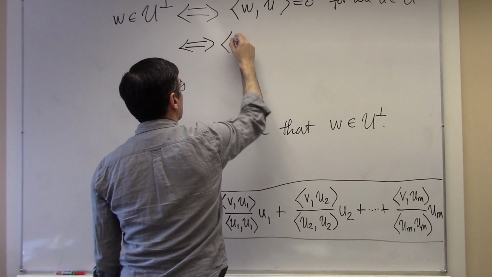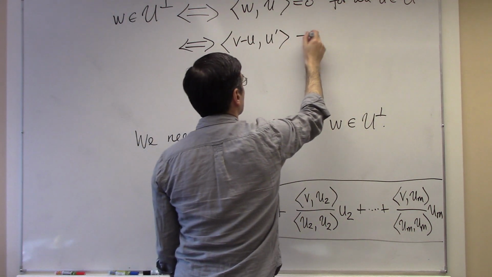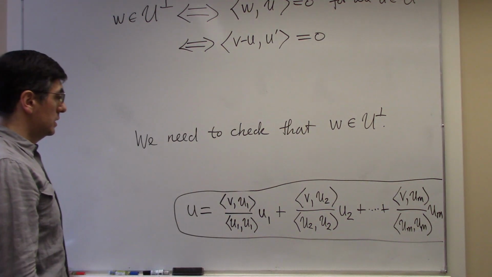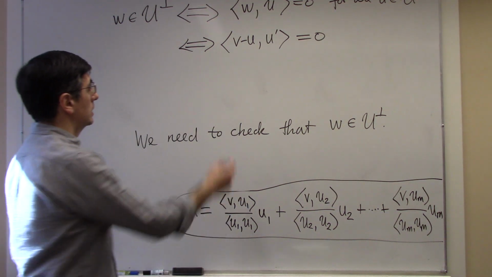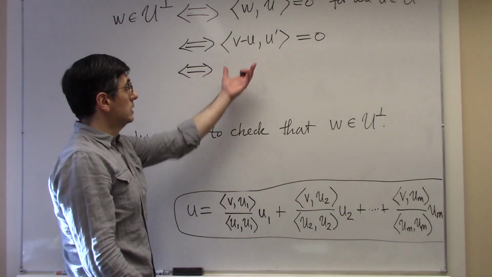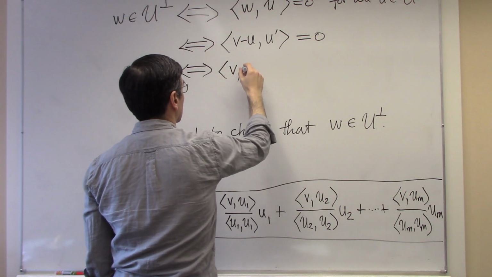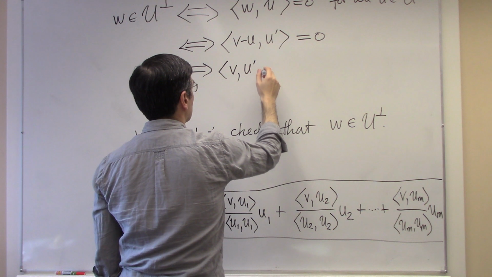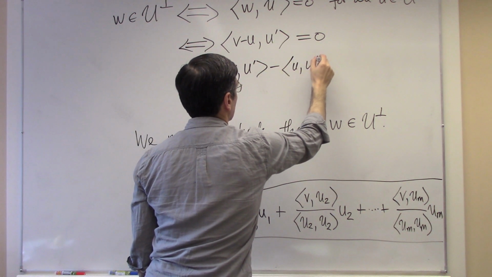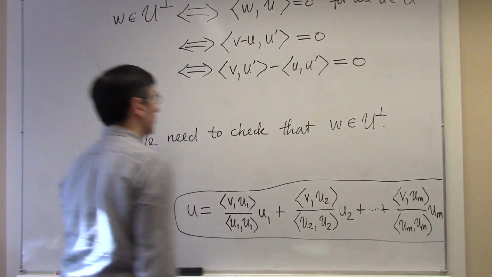Okay, so we want to check this, and now this W is equivalent to V minus U, inner product with U prime being 0, because W is V minus this U, right? And this is equivalent, by opening this inner product, to the inner product of V with U prime minus the inner product of U with U prime being 0.